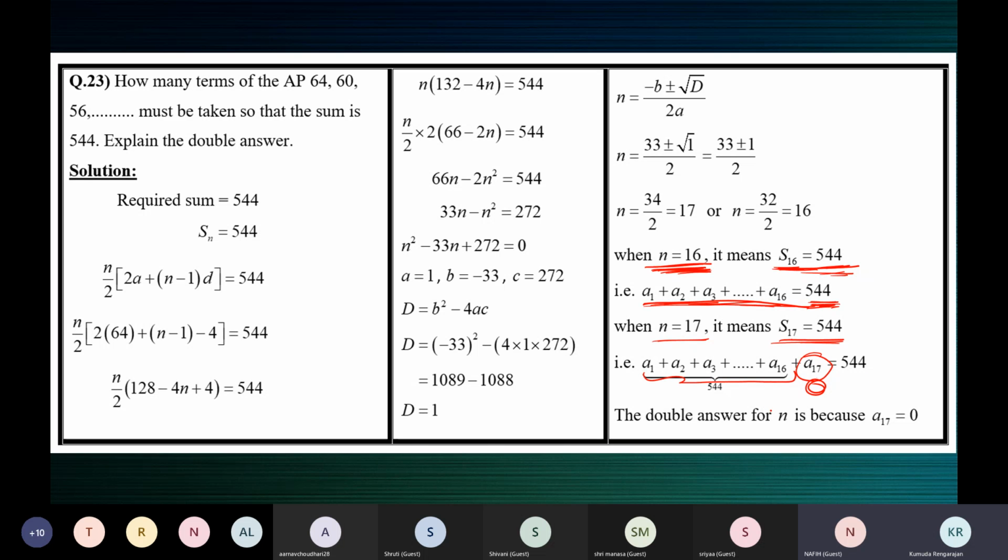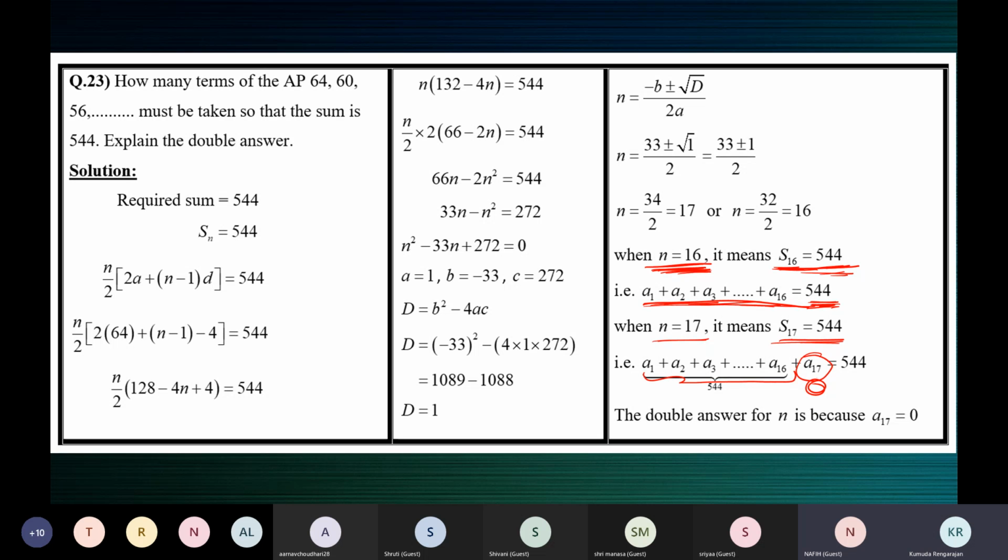So the double answer is because the 17th term is 0. Imagine the 17th term is 0. So the sum of the first 16 terms is 544. And when you include the 17th term, since the term is 0, the sum does not change.